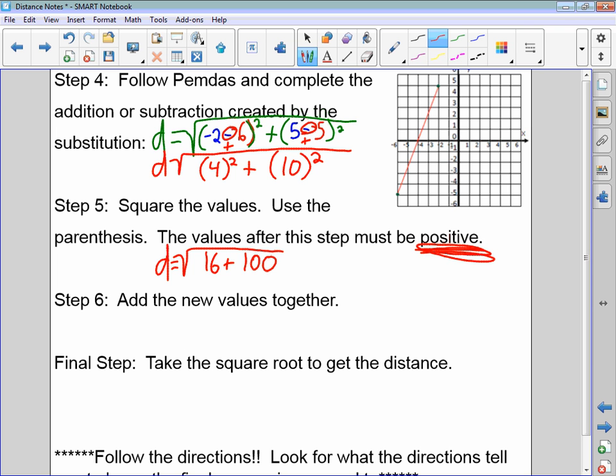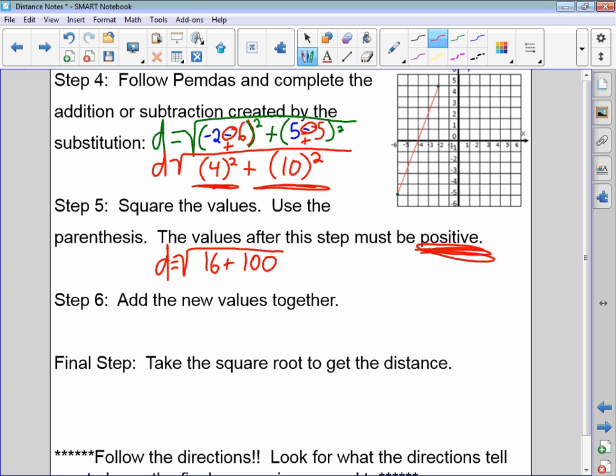If our values are negative, we did not include our parentheses up here. We need to make sure that we use parentheses in case our number is negative, because it is a 4 times a 4. If this had been negative, it would have been negative 4 times negative 4, which would still give us a positive.